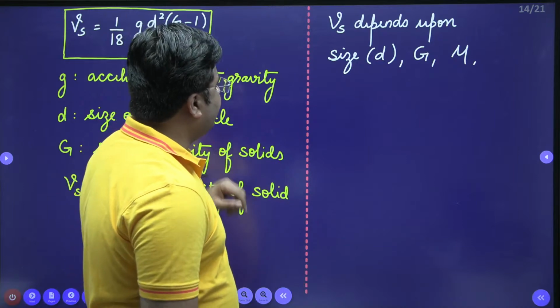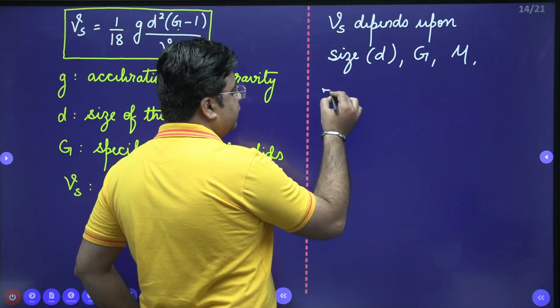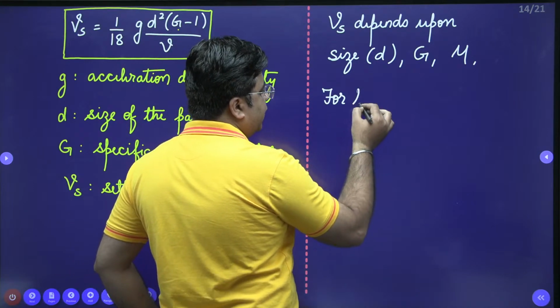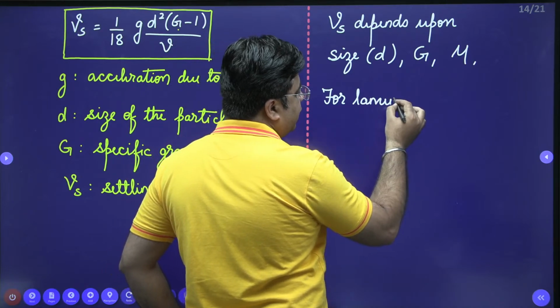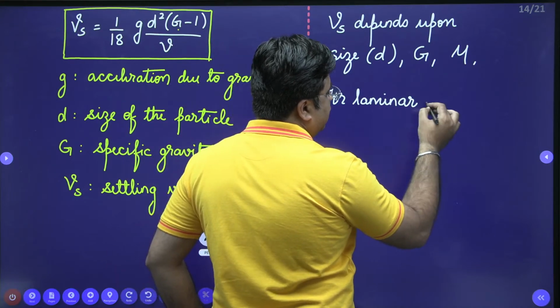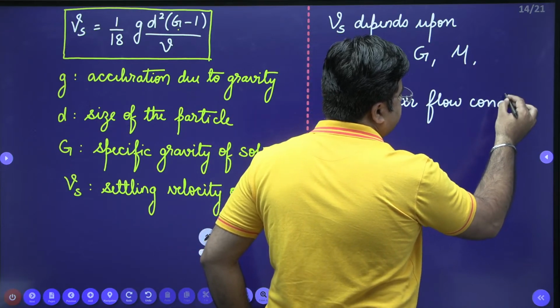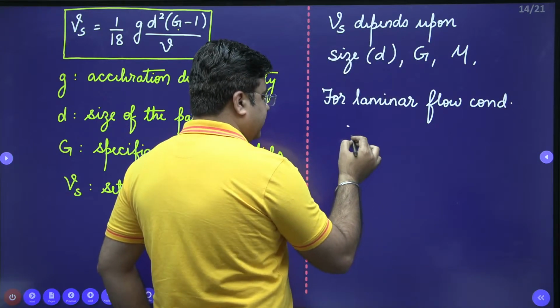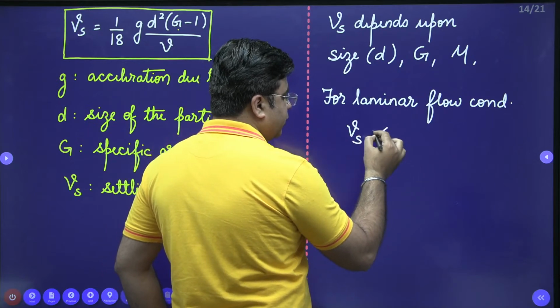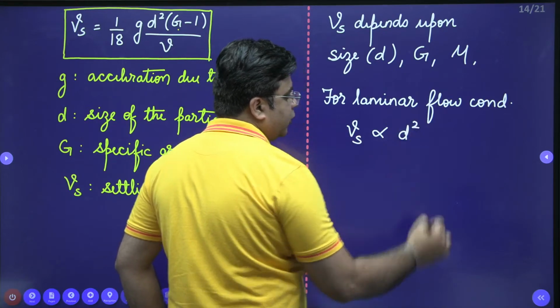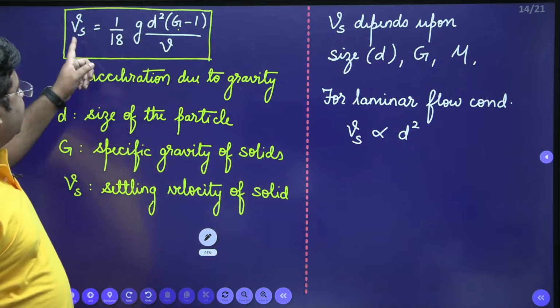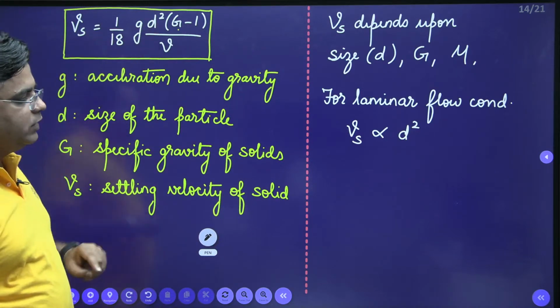For laminar flow condition, only for laminar flow condition, settling velocity is proportional to the square of size. Vs is directly proportional to d square.